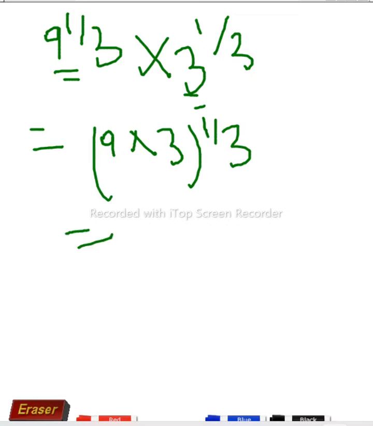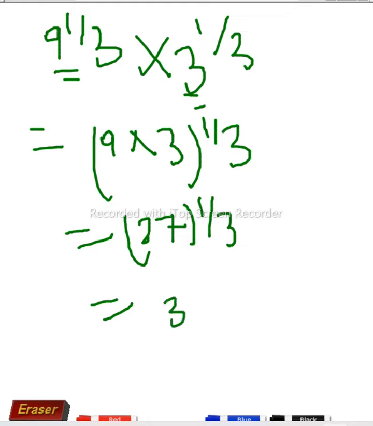Again, we have 9 times 3, and we get 27. 27 to the power of 1 over 3. As we know, 27 is the same as 3 to the power of 3, because 3 times 3 is 9, and 9 times 3 is 27. So 3 times 3 times 3 is equal to 27.